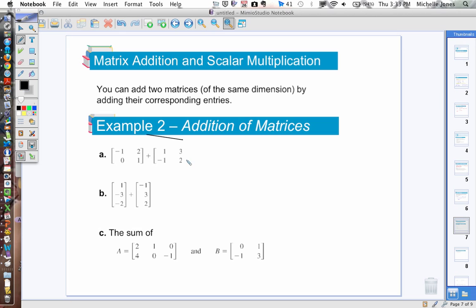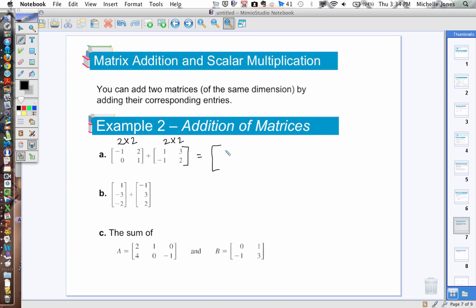So let's go ahead and add them up. You can only add matrices together if they have the same dimensions. So this is why it's really important to know the dimensions. And then you add locations together. So I'm going to start by adding my 2 by 2 with my 2 by 2.